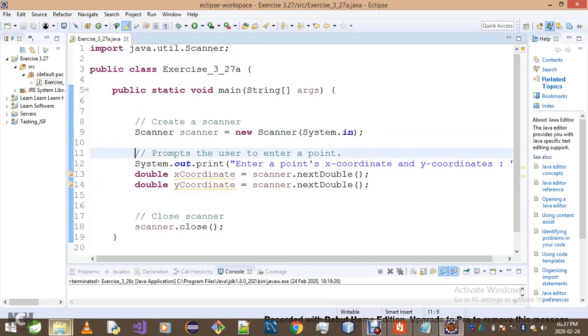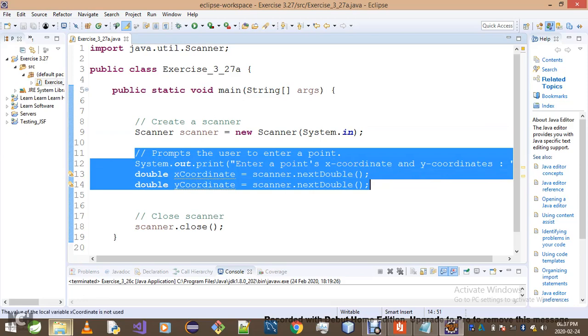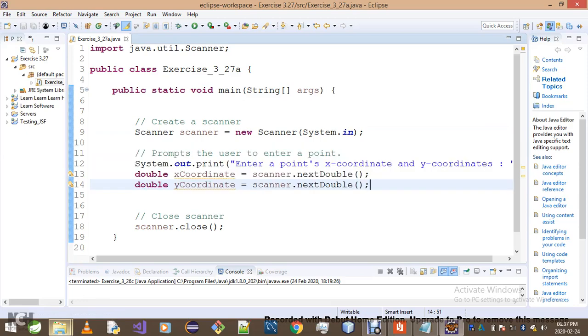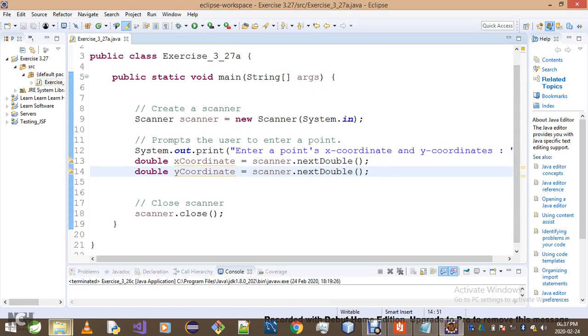I also prompted my user to enter those coordinates. Okay, what else did I do? Lastly, I closed my scanner. That's all, guys. There's literally nothing much I did.